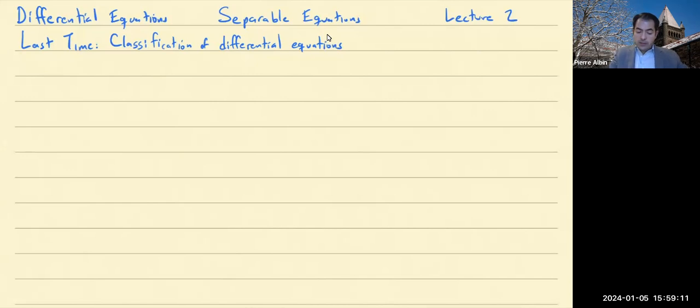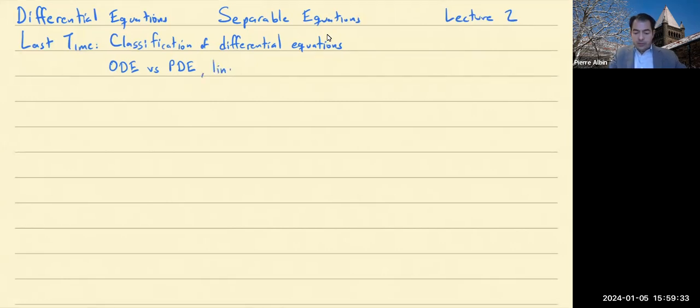Specifically, we talked about ordinary differential equations, or ODEs, versus partial differential equations, or PDEs. Remember, ODEs, where you differentiate only with respect to one variable, and PDEs, where you differentiate with respect to more than one variable.